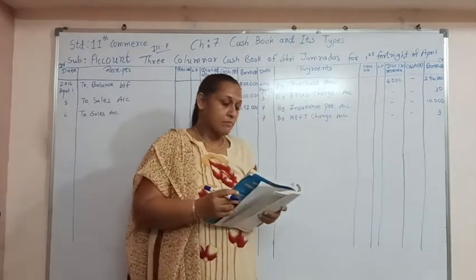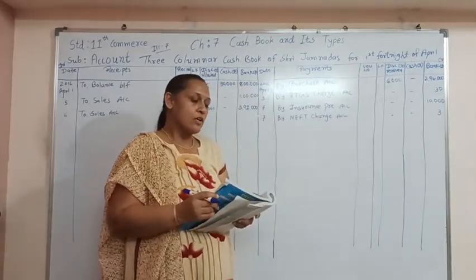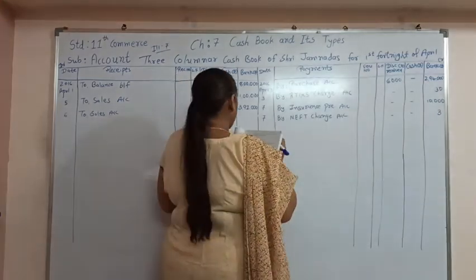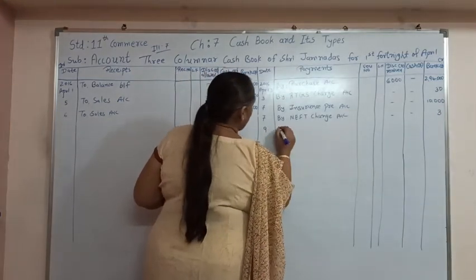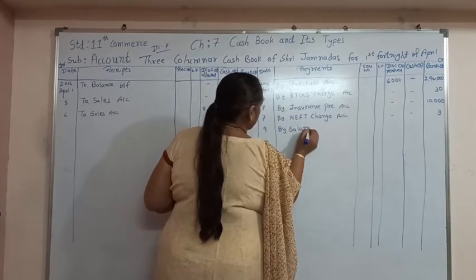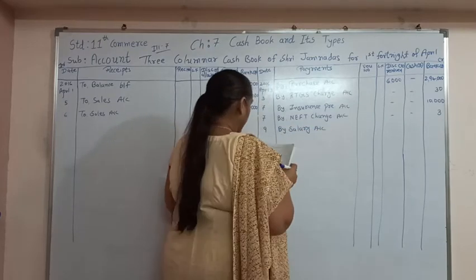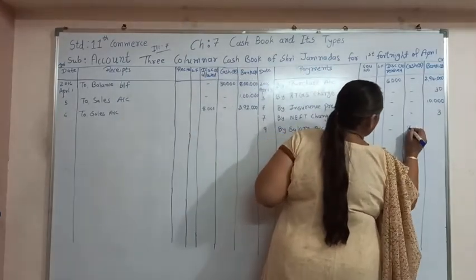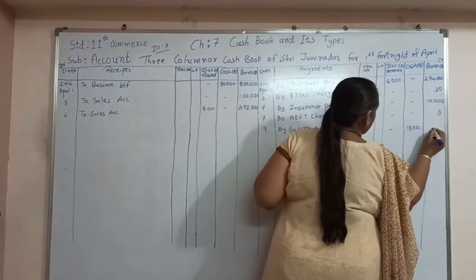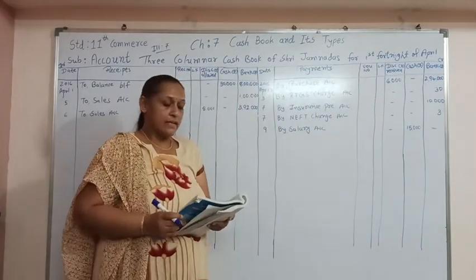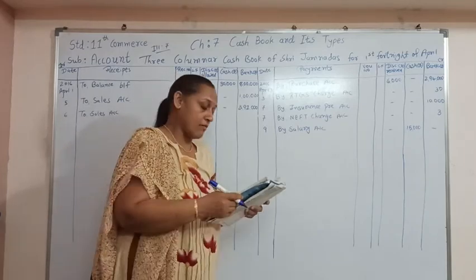Now salary paid rupees 15,000 in cash. So that is the payment on date number 9, by salary account, and the amount will be 15,000, which is paid by cash. Okay. After that, on date number 10, cash sales of rupees 30,000.